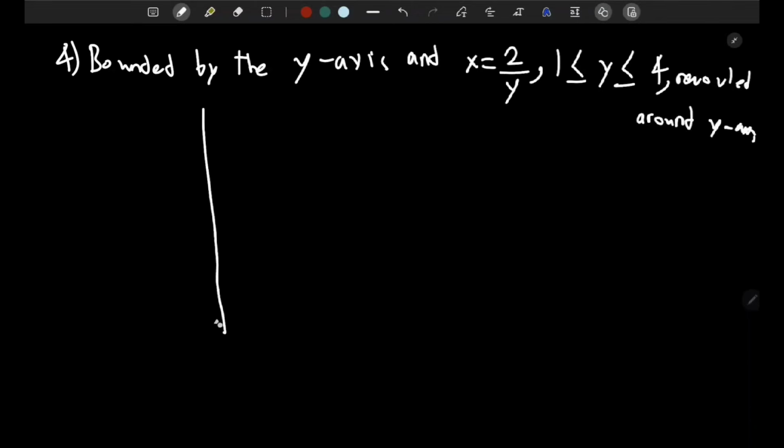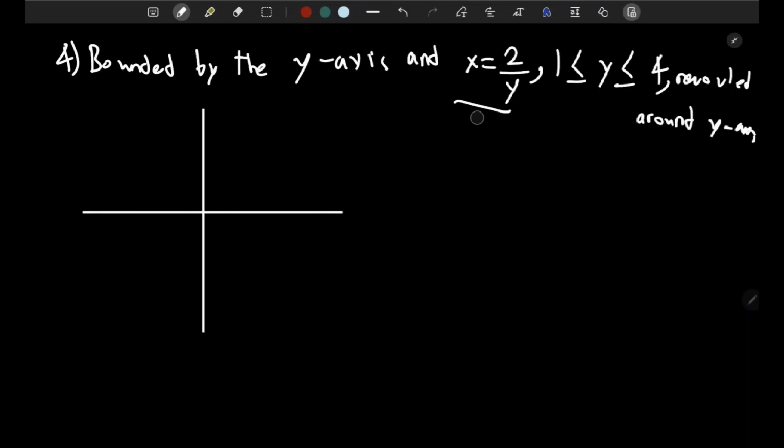So I'm gonna draw over here, and now I'm gonna take some points, let's say for x and y, so we can place them over here and draw. So let's take y as 2, so I'm gonna do actually y and then x. So when y is 2, x is gonna be 1. When y is 1, then x is gonna be 2.